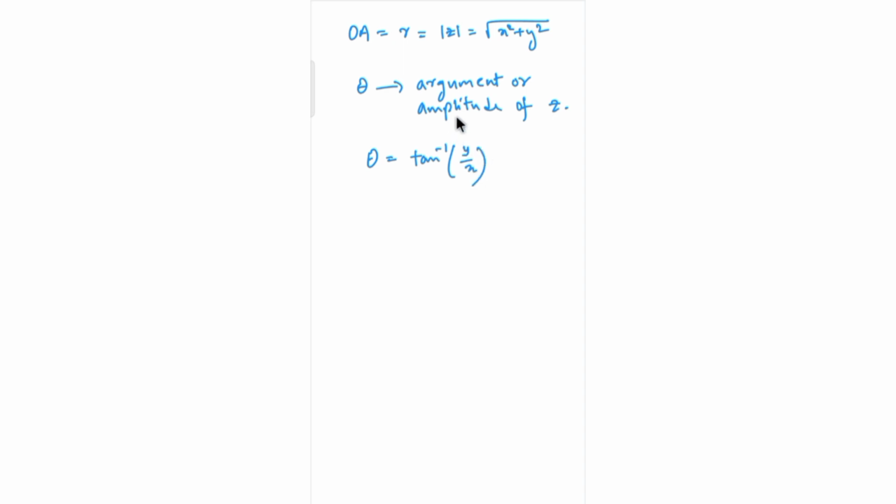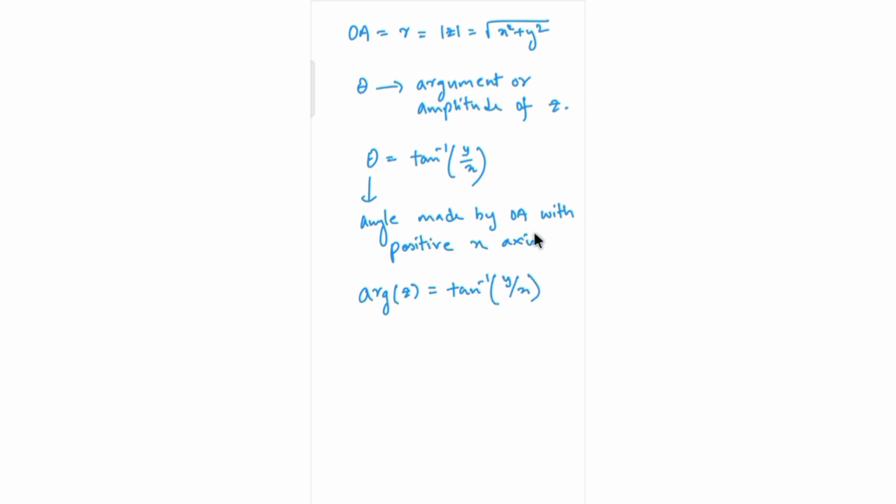What is y? y is the y coordinate of point A, and x is the x coordinate of point A. So you can even say this theta is the angle made by OA with the positive x axis, and this theta is known as the argument or amplitude of z. So I can represent this theta as argument of z, which is equal to tan inverse of y by x. So this is how we define this.